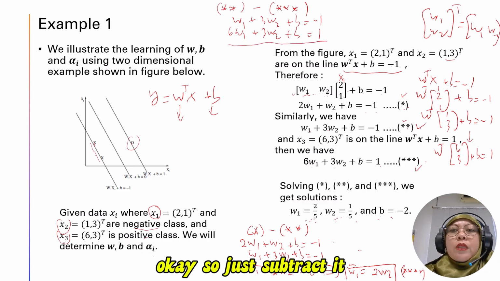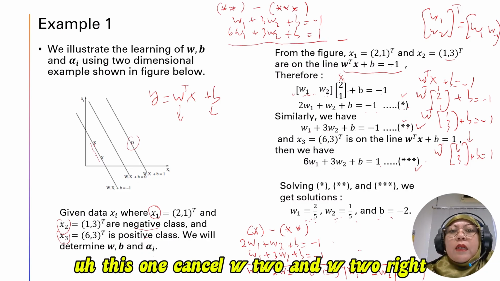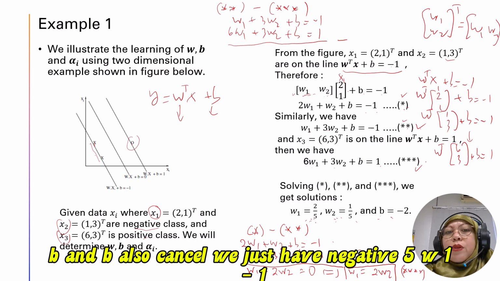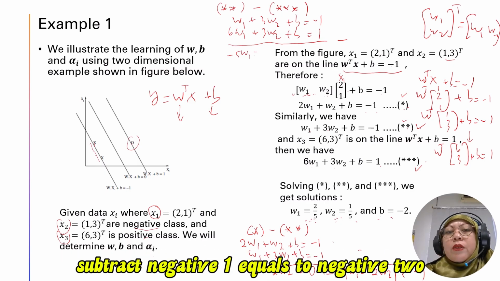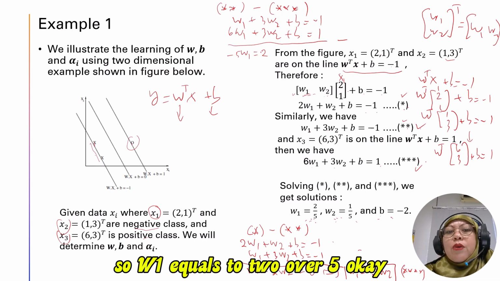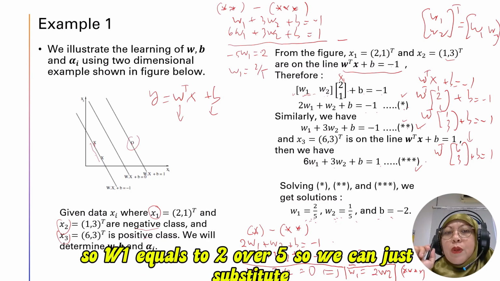Okay, so just subtract it. This one cancel, W2 and W2, right? B and B also cancel. We just have -5W1, -1 subtract -1 equals to -2. So W1 equals to 2/5. Okay, so W1 equals to 2/5.